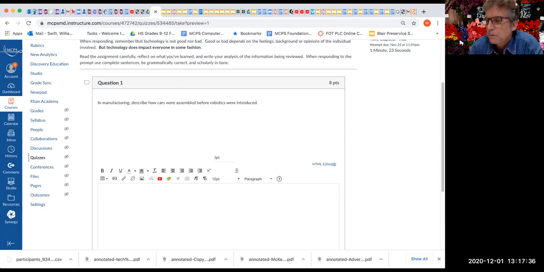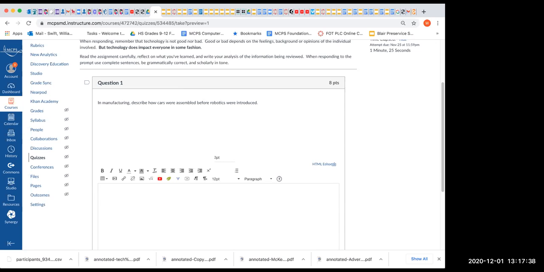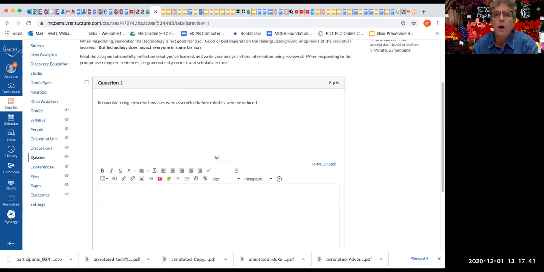People. People, correct. So that's what we're getting at here, right? How are cars assembled before robotics were introduced? They had to be handmade. Originally, cars were made in little groups that they had, like the car would sit there and a team of like 6 different engineers would assemble everything onto the car by themselves.